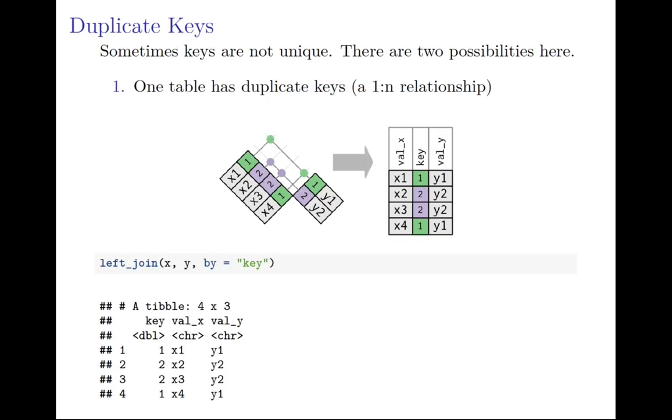And so there's a question about what you do with duplicate keys. Sometimes keys are not unique, and there are two possibilities here. One table has a duplicate key, where there's a 1 to n relationship. Here X has two 1 keys, and Y each has one. So when you join them, you just get all of them combined.